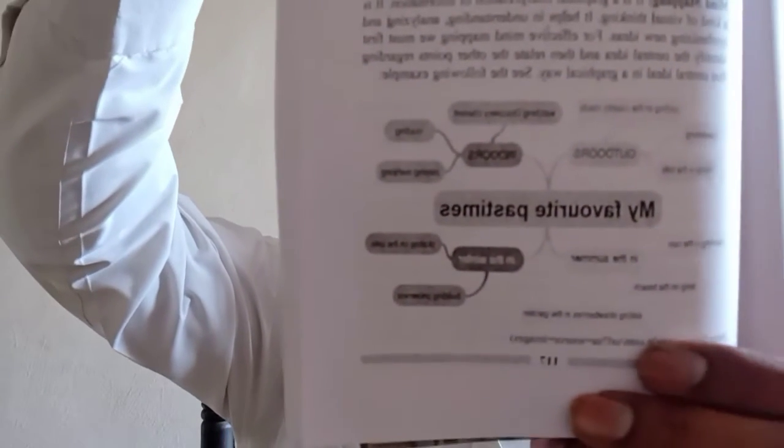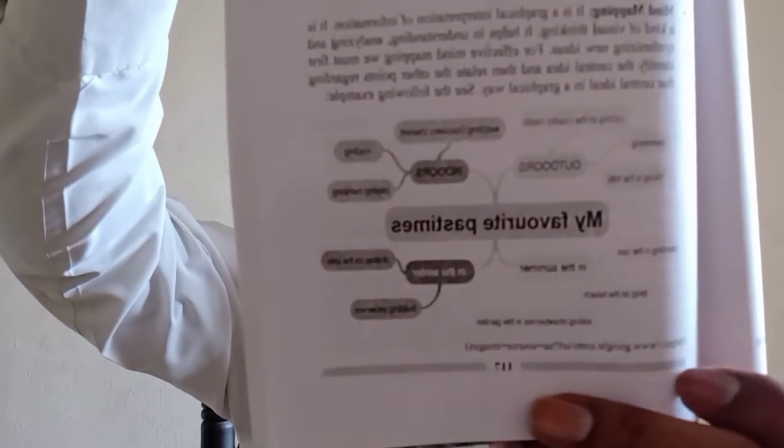There is a diagram given here in your textbook on page number 117, where you can easily see how this mind mapping is created. So this is the type of mind mapping.